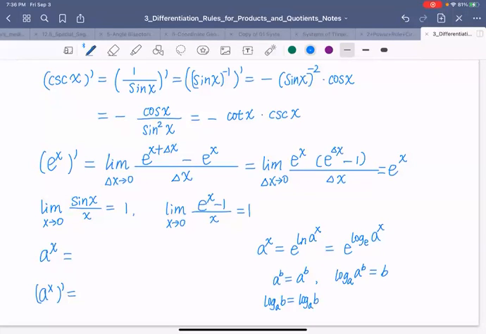Is this correct? Yes, this is a constant, it equals itself. So a to the power of log base a of b equals b. Does this make sense?